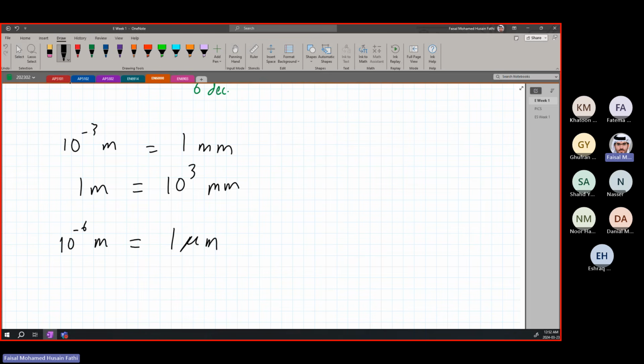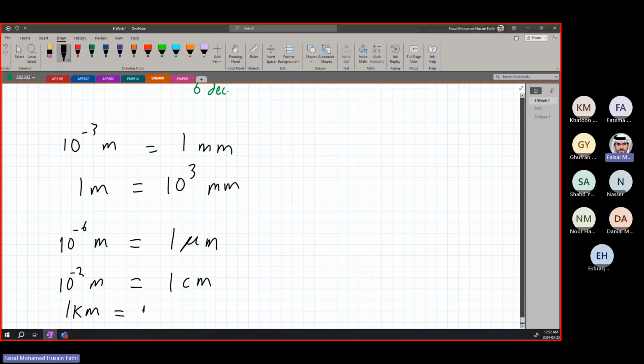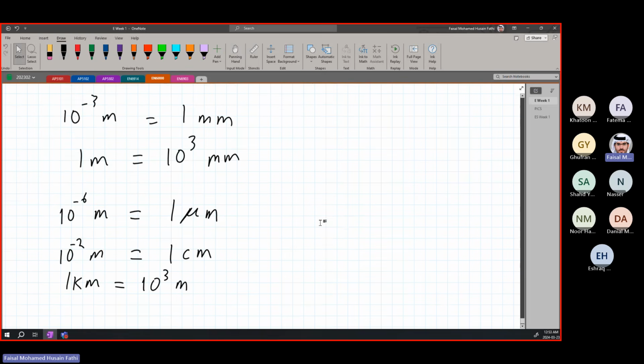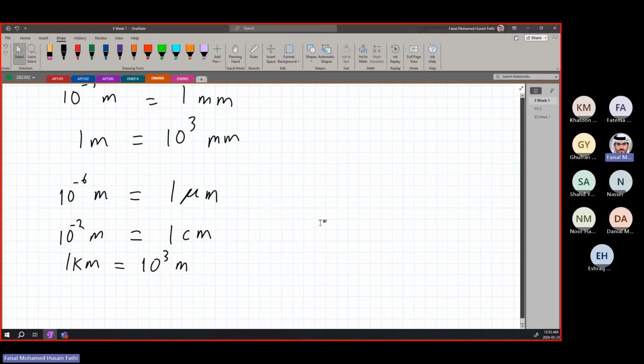Centimeter, again, 10 to the power of minus 2 meters is equal to 1 centimeter. Kilometer, 1 kilometer is equal to 10 to the power of 3 meters. And that's pretty much it for conversions. I don't think there's anything else you might have. Just review your conversions as well.